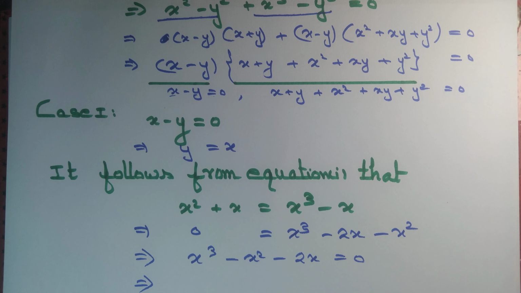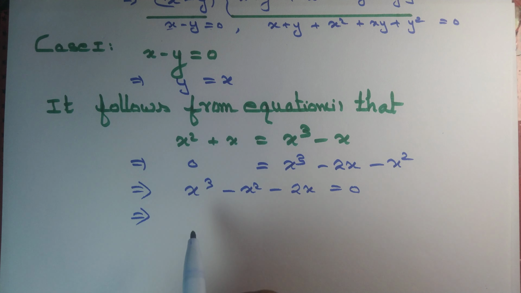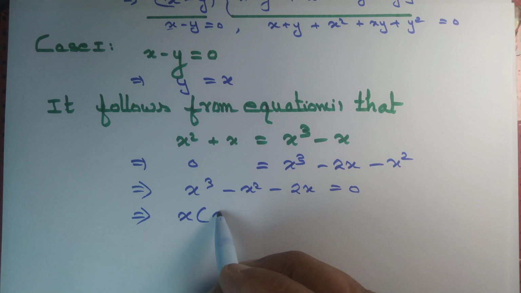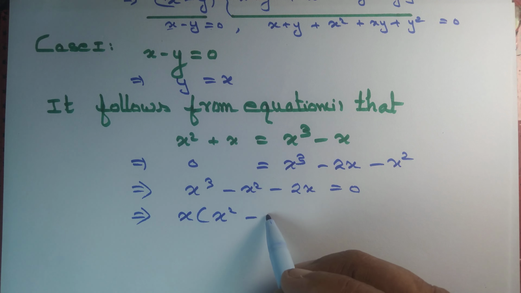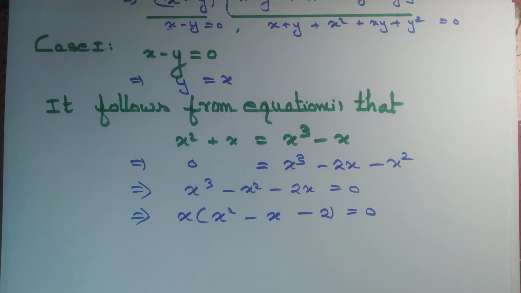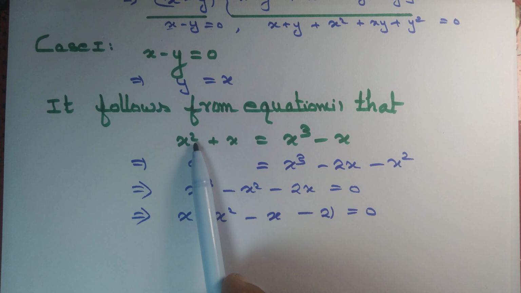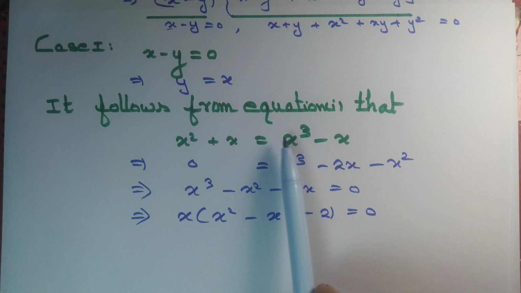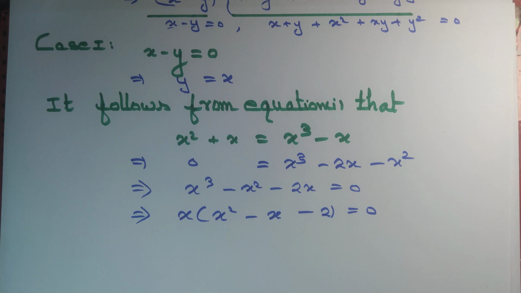Now we take x common and we will be left with x square minus x minus 2 equal to 0. Remember, if we had cancelled x out, we would not be getting one solution, x equal to 0.